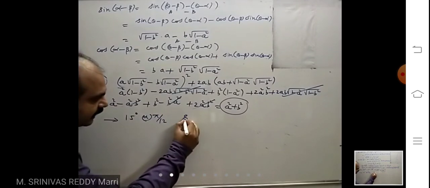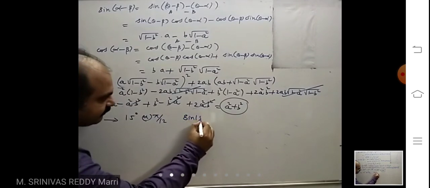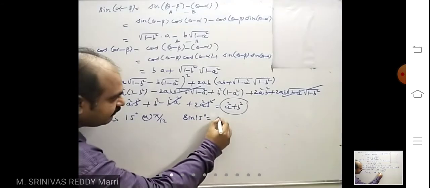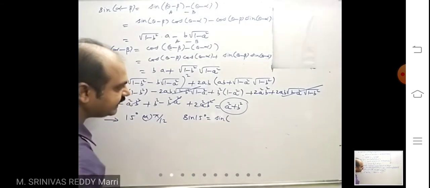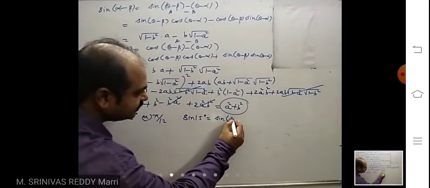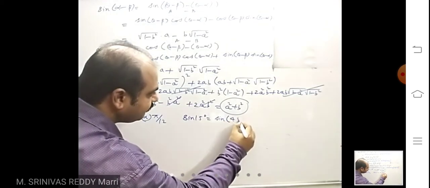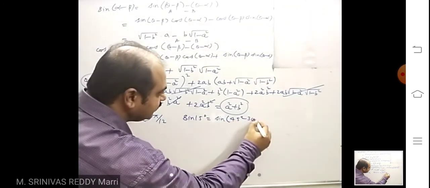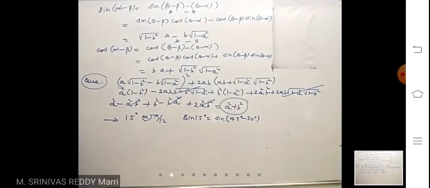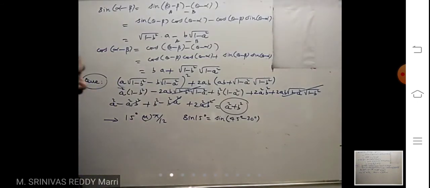Suppose you want to calculate sine 15 degree. One sine I will tell, remaining you do. This can be written as 45 degree minus 30 degree. 15 means 45 minus 30.